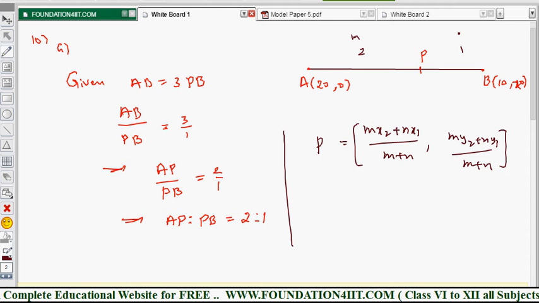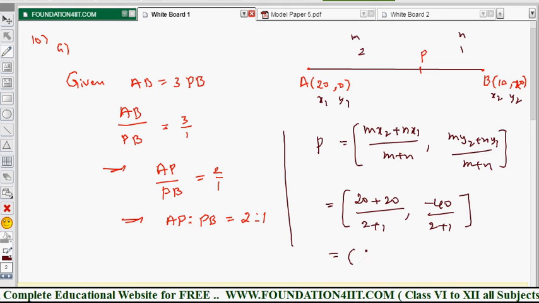So m is 2, n is 1, and x1, y1 is (20, 0) and x2, y2 is (10, -20). Using the section formula, m into x2, m is 2, x2 is 10, so 20 plus n into x1 is 20, by 2 plus 1. And y is minus 40 by 2 plus 1. Simplify: 40 by 3, minus 40 by 3 is the point P.